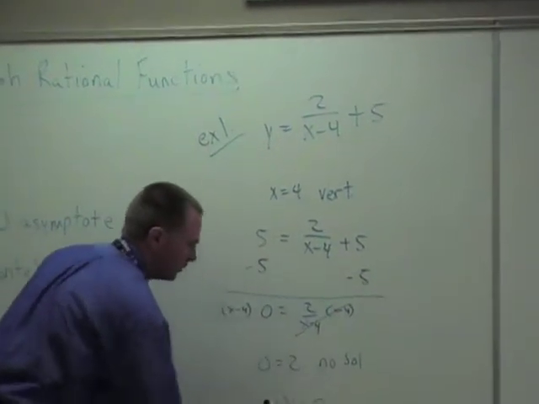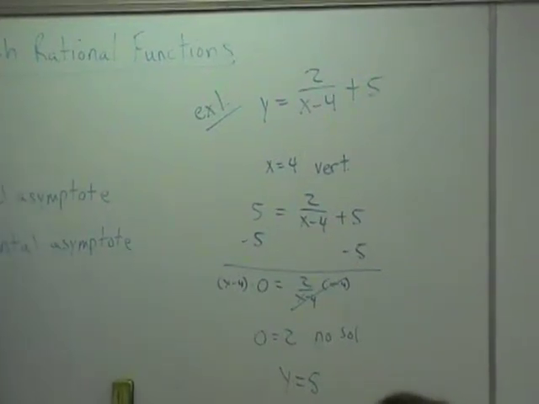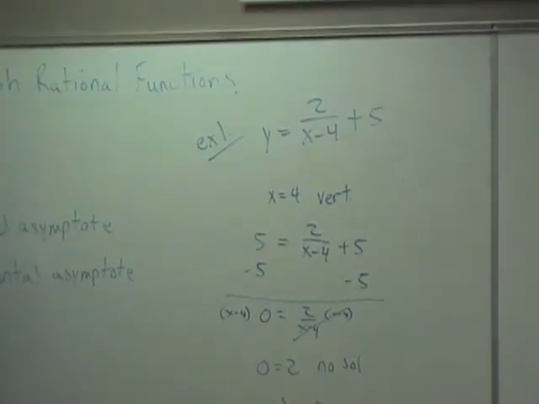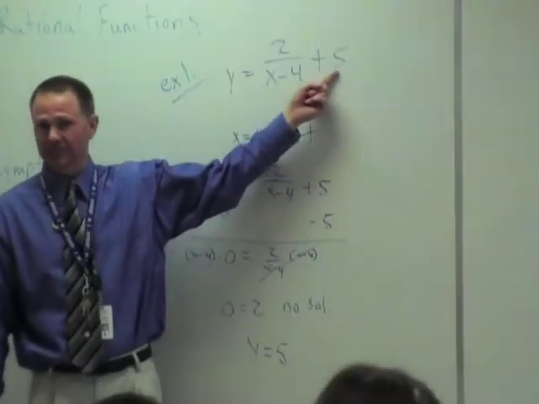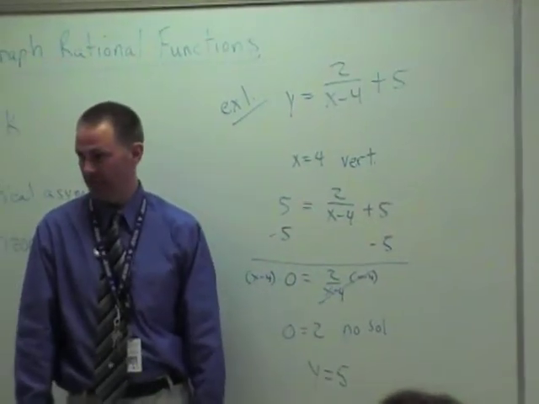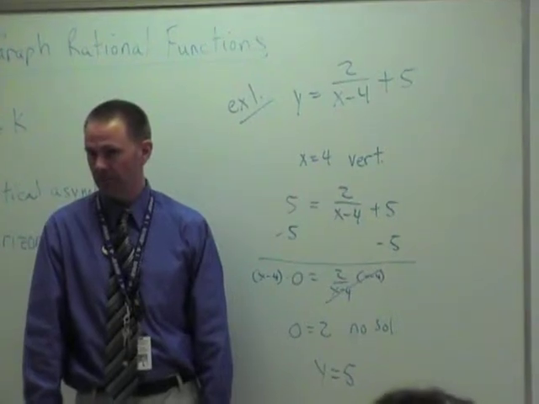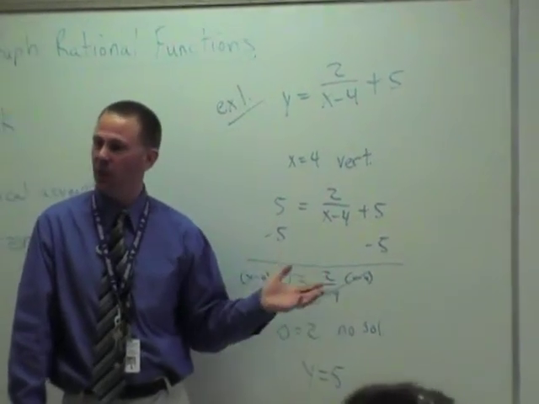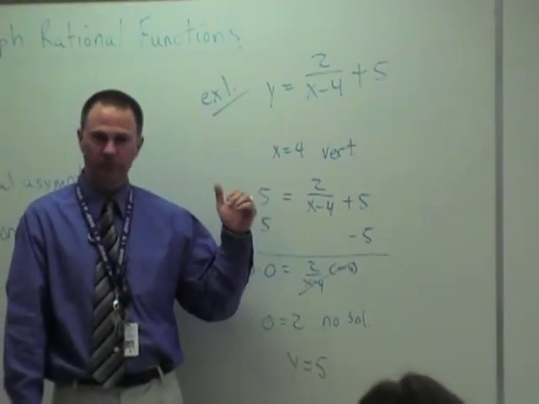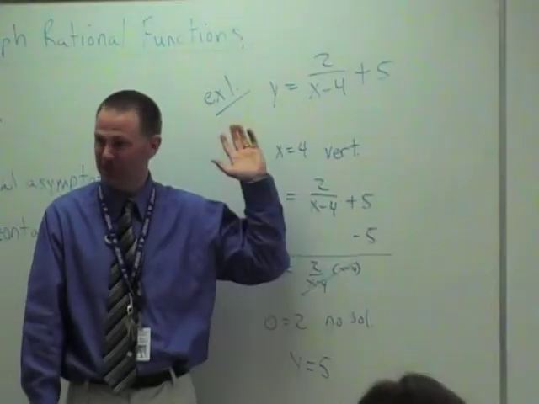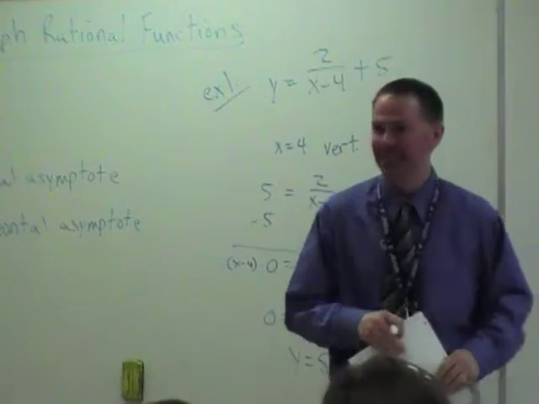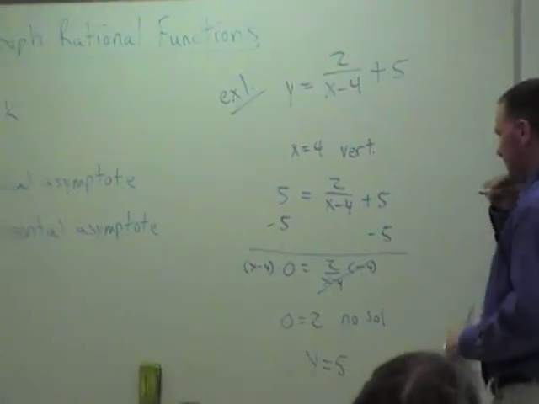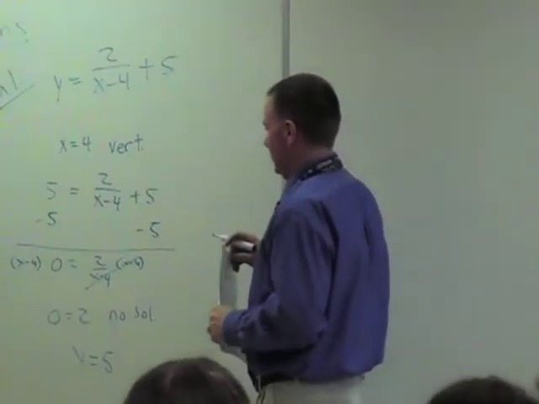The value y equals 5, which is a horizontal line. I'm just explaining where they got this. If the majority of the class wants to just use the shortcut, that's fine. Because in order for that to work, 2 over x minus 4 would have to be 0, and you can't make it 0 because 2's on top.